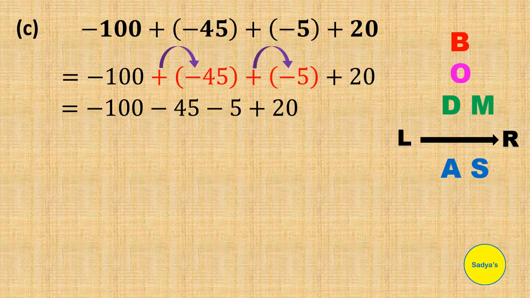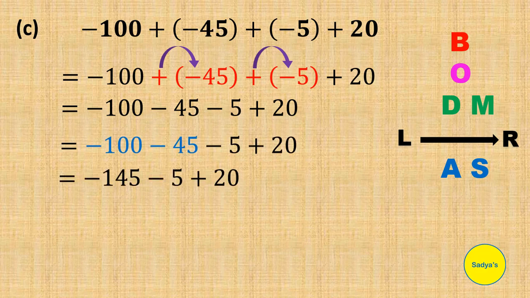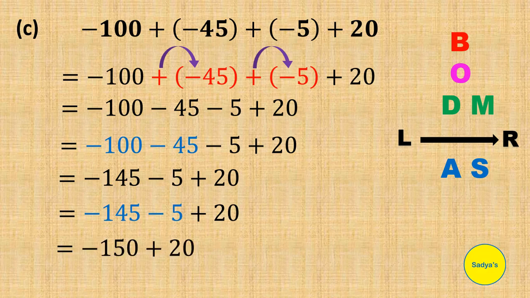Now the problem involves addition and subtraction. Going from left to right, negative 100 minus 45 gives us negative 145. Minus 5 and 20 come as they are. Again going from left to right, negative 145 minus 5 gives us negative 150, and plus 20 comes as it is. Negative 150 plus 20 is equal to negative 130.